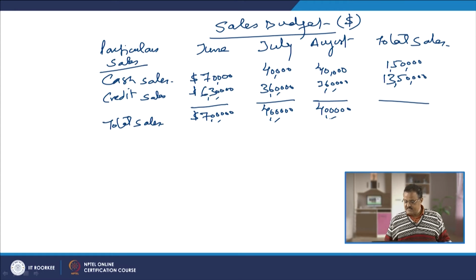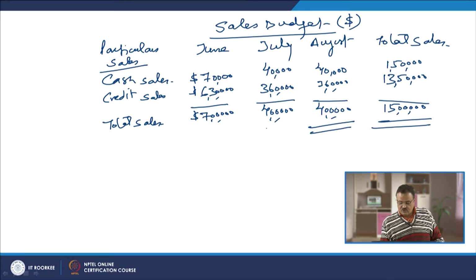So, total sales for this entire quarter are going to be 1.5 million dollars, or simply, it can be said that we are going to attain $15 lakh of sales by the end of this quarter. That is the total for the 3 months, June, July and August. Total sales are going to be worth 15 lakhs.